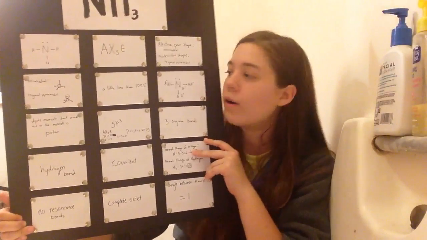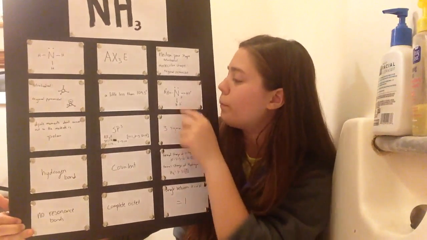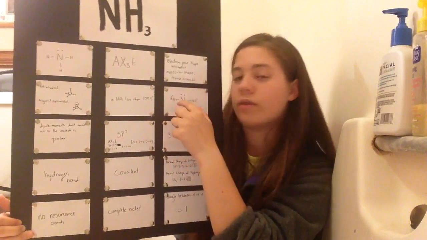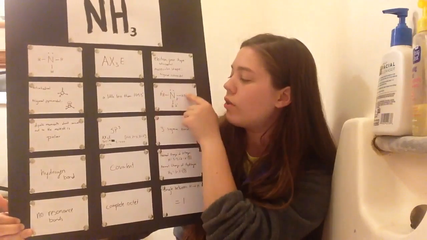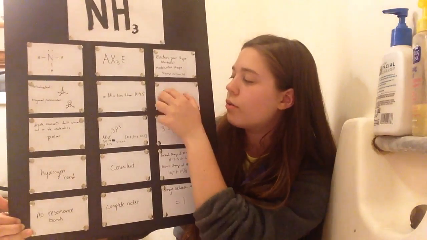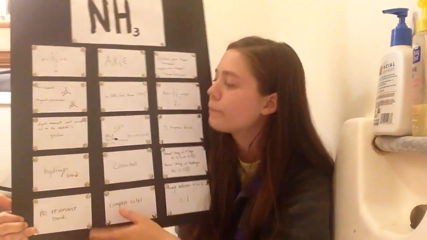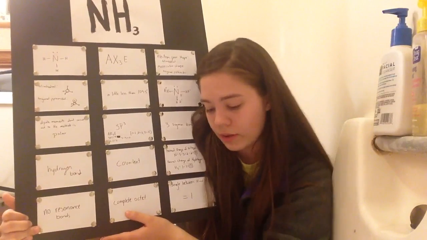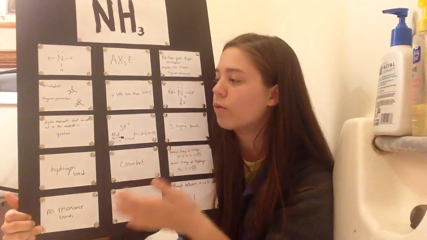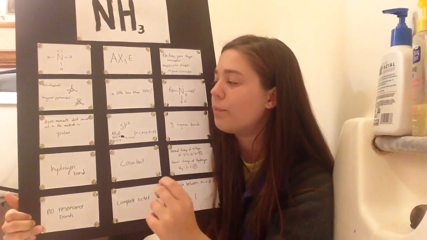Now, for the polarity of each bond, all of the H's are being pulled on because they're partial positives, and nitrogen is a partial negative, so they're all being pulled toward N. The molecule as a whole is polar because the dipole moments don't cancel out.